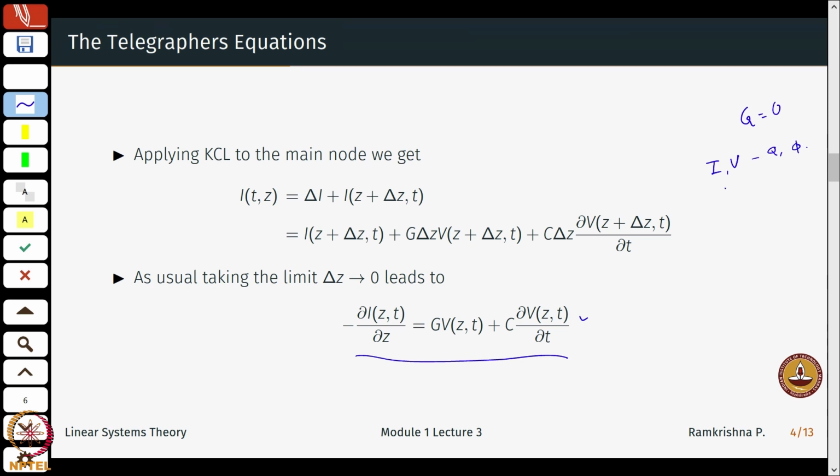So, we know that q dot is I, phi dot is V, and after all the necessary things have been taken care of, I can write this also as the partial of q, which again depends on z comma t, with respect to z, equal to the partial of phi with respect to t.